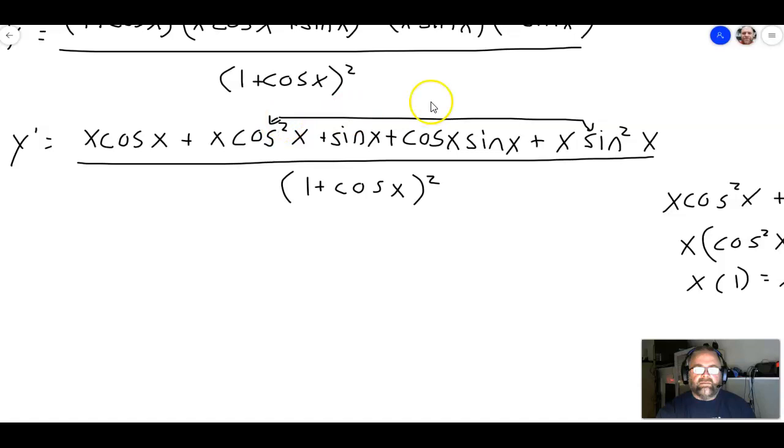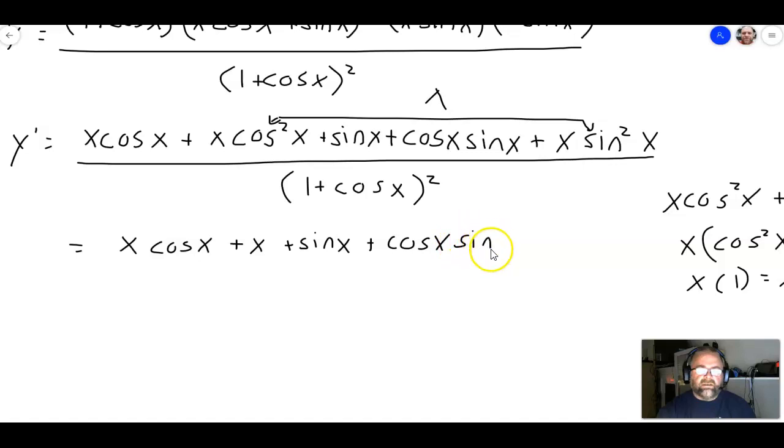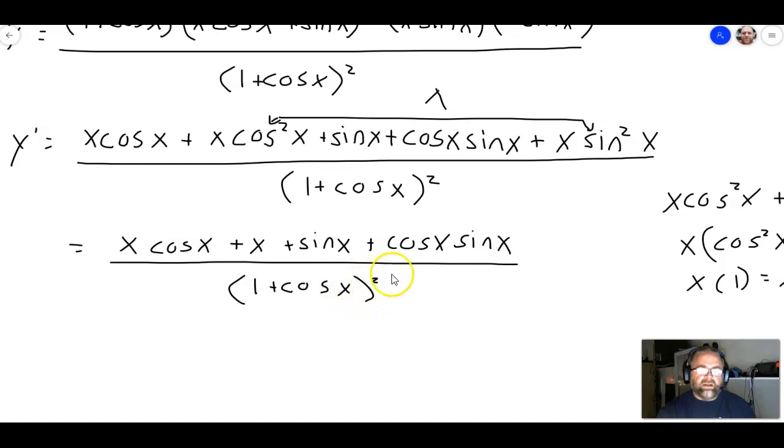So we can finally write this as x cosine of x, and then those two become just plus x, and then plus sine of x plus cosine x sine of x, all over 1 plus cosine of x quantity squared.